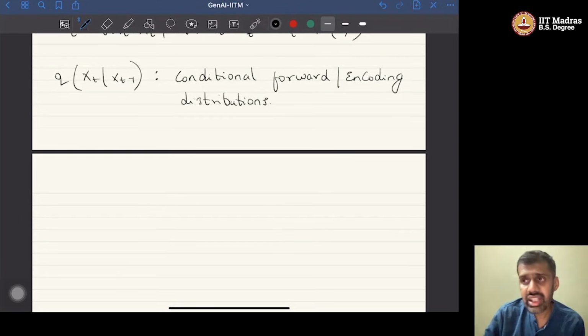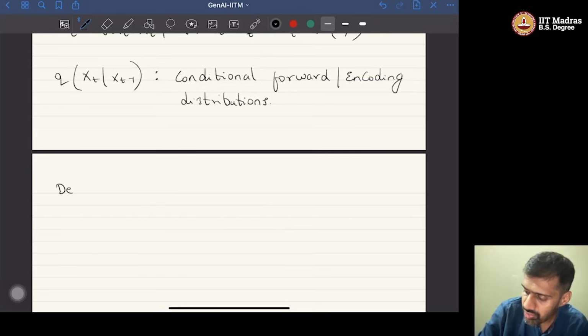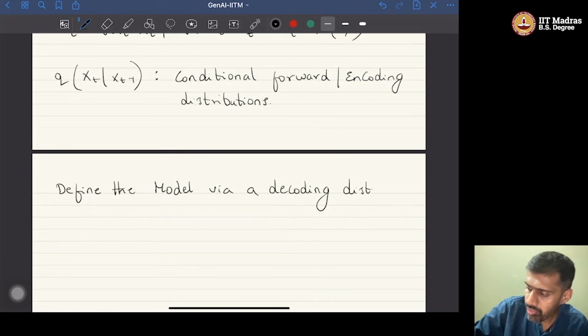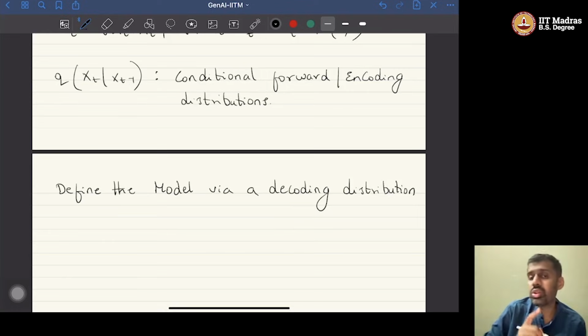Now we also need a decoding distribution, right? So let's define the model via a decoding distribution. We all know what a model is.